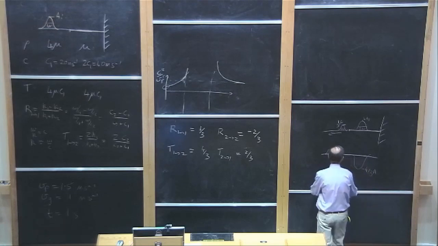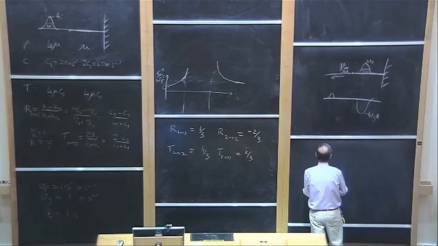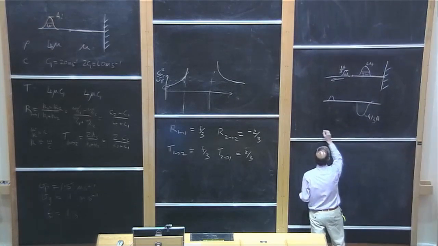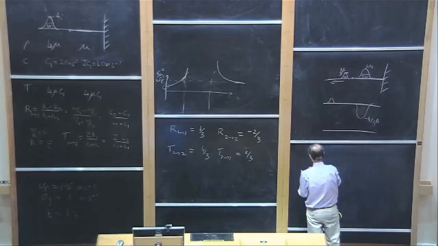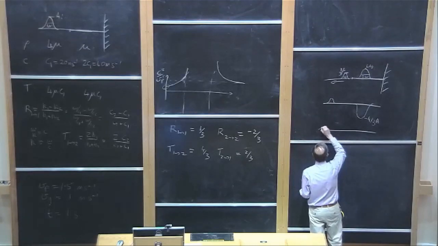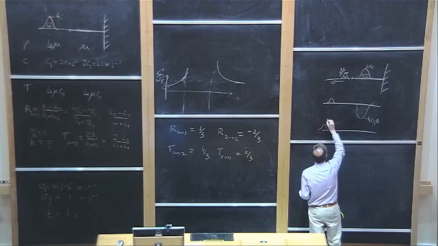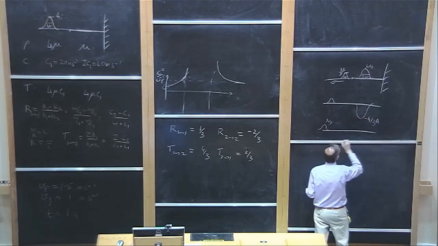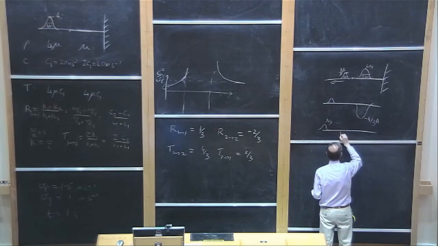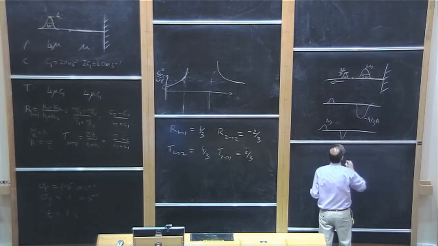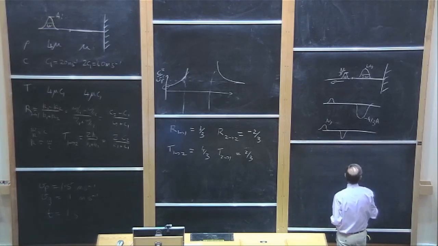So then, at a slightly later stage, this wave's moved a bit further over here, with an amplitude of A over 3, and then we get a negative one with an amplitude of, did I say?